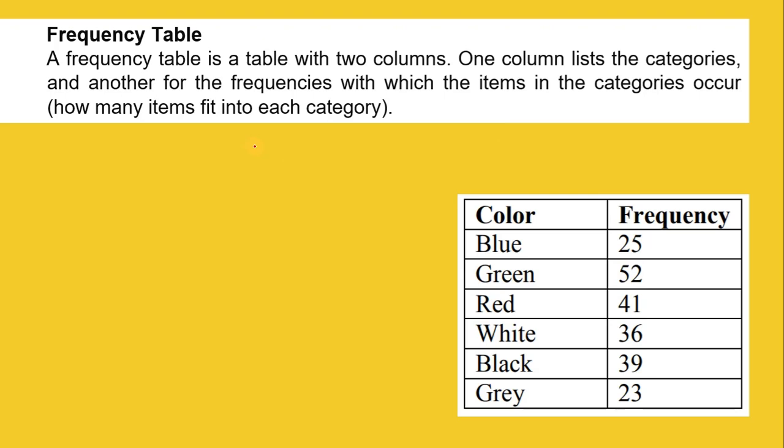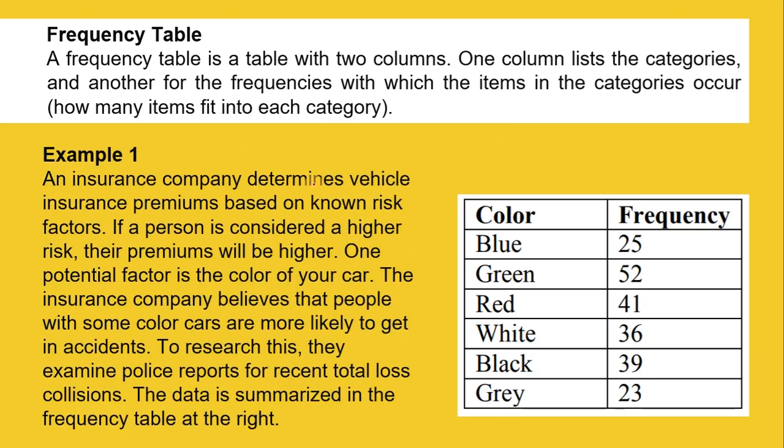For this frequency table, the context is that an insurance company determines vehicle insurance premiums based on known risk factors. For example, there's this insurance company that gives premiums for its customers. If a person is considered at higher risk, the premiums will be higher.